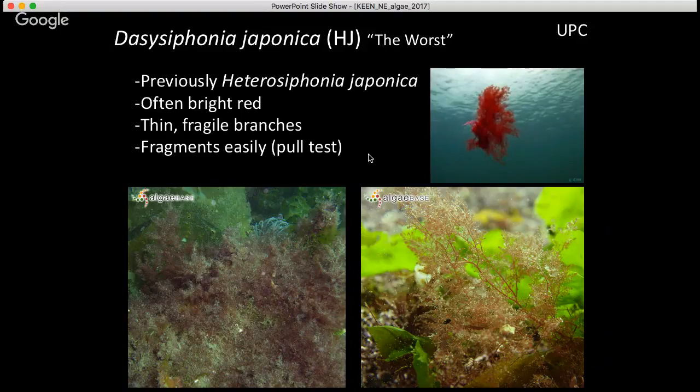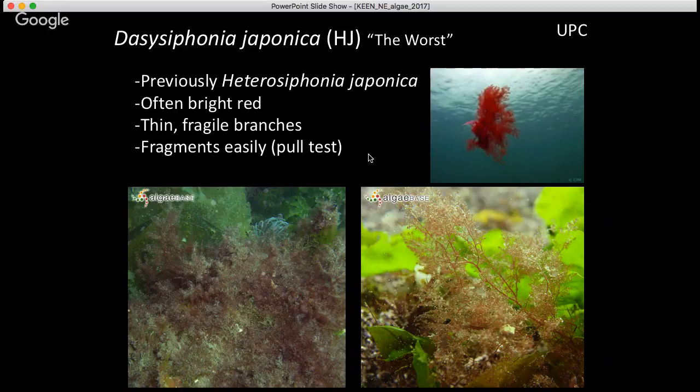It's not super easy to distinguish from the other siphonia, which is Polysiphonia, especially when you see it at its best, like this, where you have clear kind of branching. This you'll get to know really well out there.